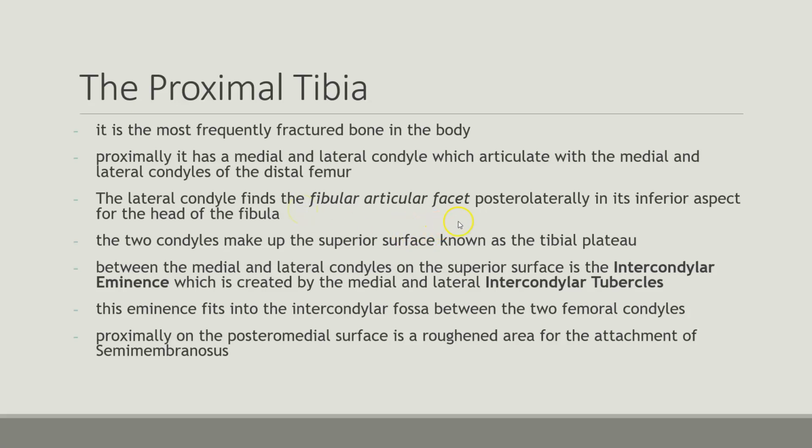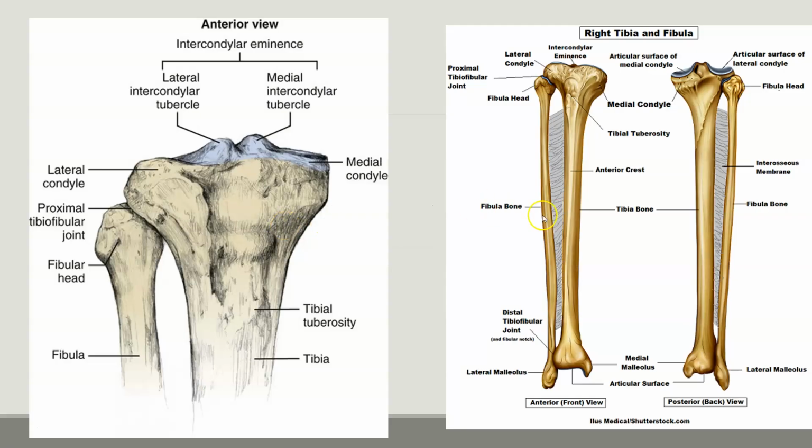The lateral condyle has the fibular articular facet posterolaterally on its inferior aspect for the head of the fibula. We can see here in the diagram on the right, the tibia represents the medial aspect, and the fibula, which we'll be doing shortly, represents the lateral aspect. There is an articulation between the proximal fibula and the proximal tibia, and the distal fibula and the distal tibia, again similar to some degree to the forearm.